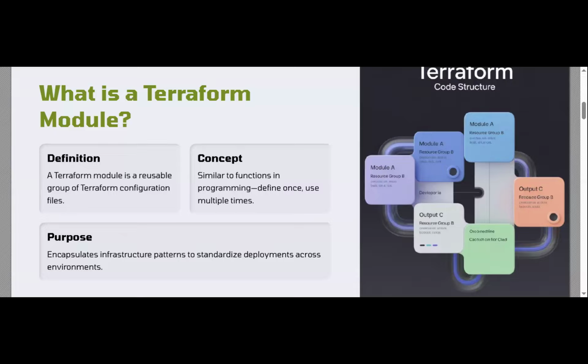Same thing here also. Encapsulate infrastructure patterns: whatever infrastructure we are writing will not be visible to others. We can standardize deployment across the environments. See, module A, module B, group A, group B. The same thing we copy and paste in another group as well.